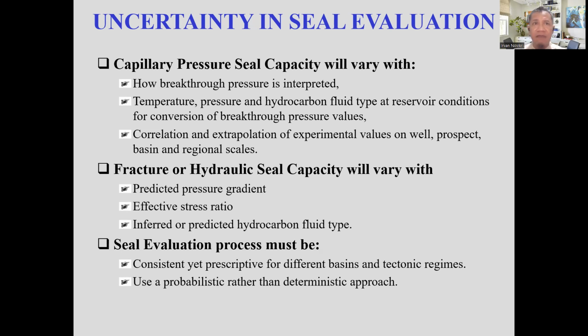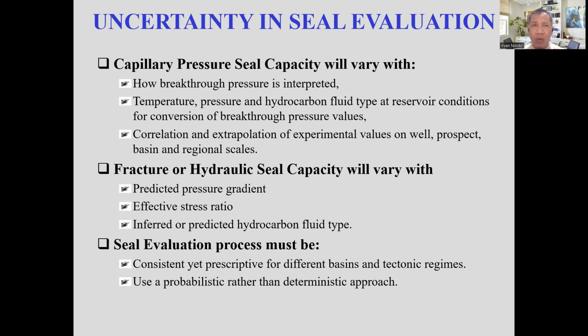Again, for the seal evaluation process for oil and gas exploration, a probabilistic approach is used to account for the inherent uncertainty involved. In the context of seal evaluation, the process needs to be consistent, prescriptive across different basins and tectonic regimes.